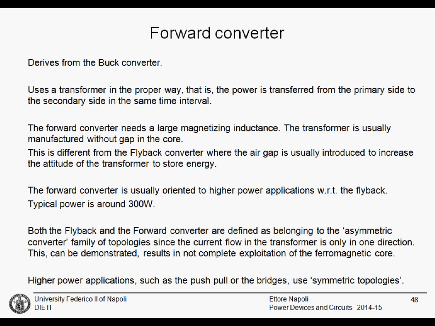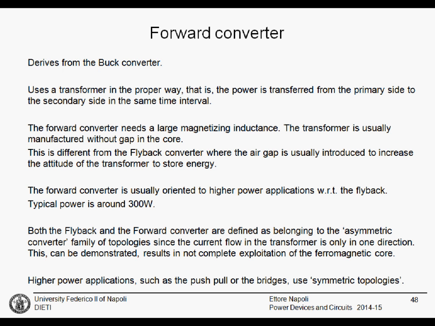It must also be said that both flyback and forward converters belong to the family of asymmetric topologies, because the current flow in the transformer is only in one direction. This means that we are exploiting the transformer only for the positive currents.